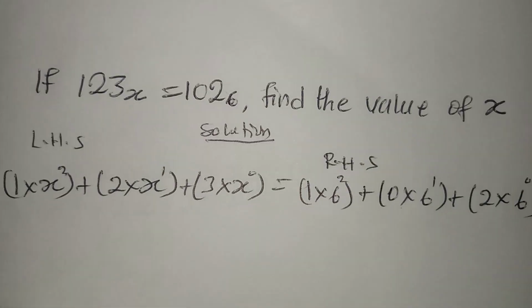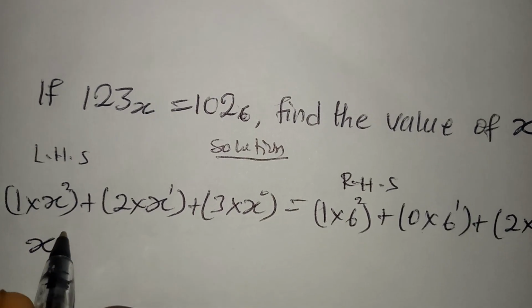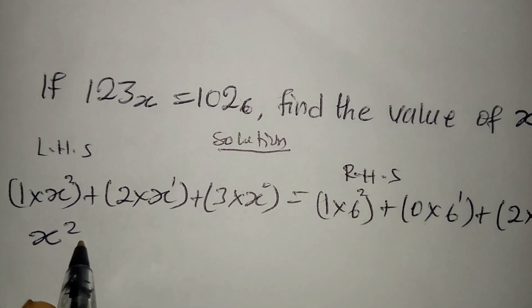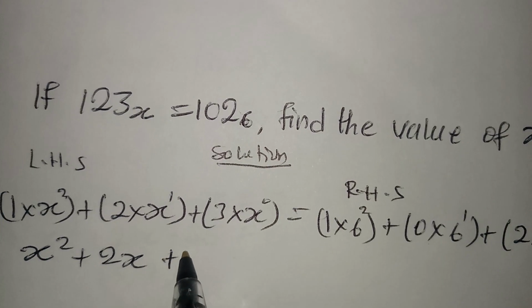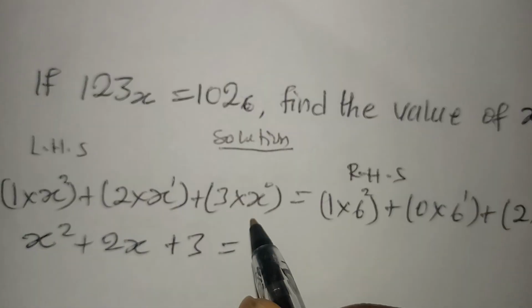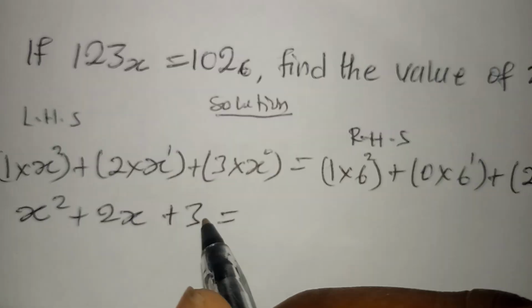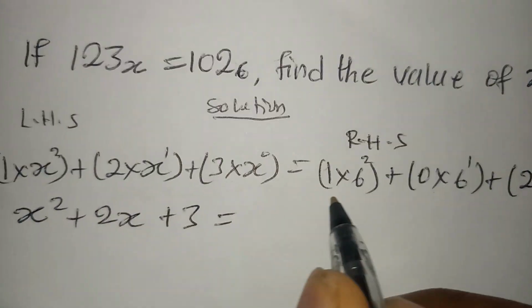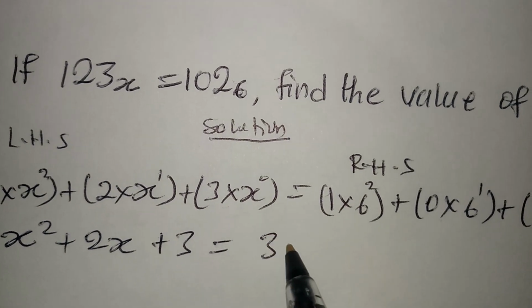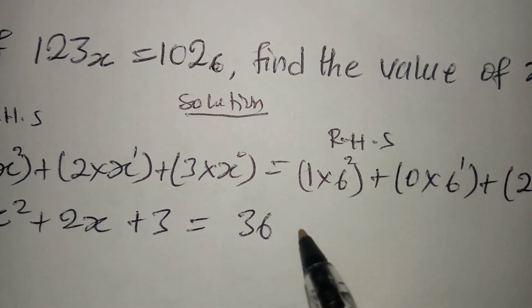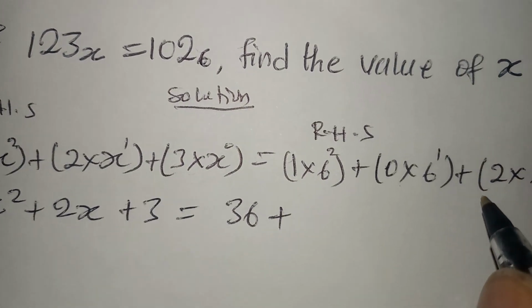Now from here, by performing this, we are going to have x squared plus 2x plus 3. A number exponent 0 is always 1, and so when you perform this, you should be getting 3. Now the right hand side, expanding this, is going to be 36. 6 exponent 2 is 36, plus this will be 0, so we ignore it.